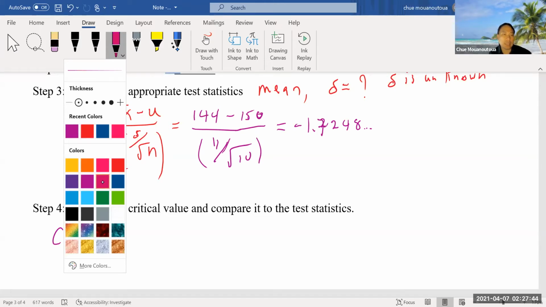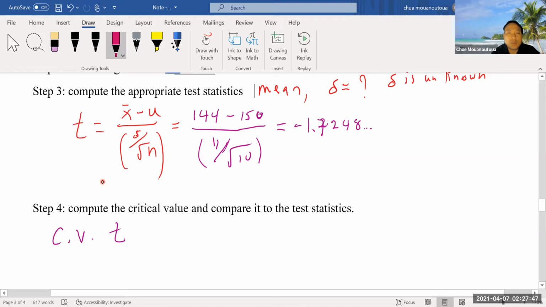So I'm going to say that, following the book notation, we'll use t sub 0. The t without a sub 0 refers to the test statistic, and the t sub 0 refers to the critical value t. We can do this with a z sub 0 for the critical value z score, so that we can tell the difference between the test statistic t and the critical value t.